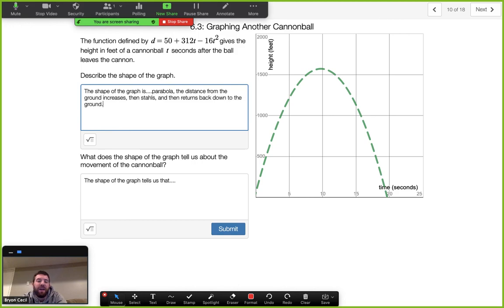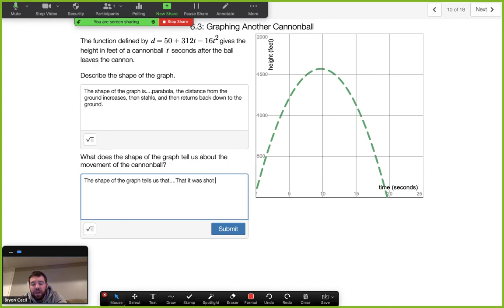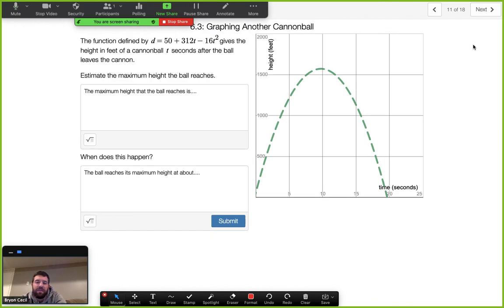What does the shape of the graph tell us about the movement of the cannonball? Really, just that it was shot into the air and then came back down. That's a shot. You go up, down. That's all it's telling us.